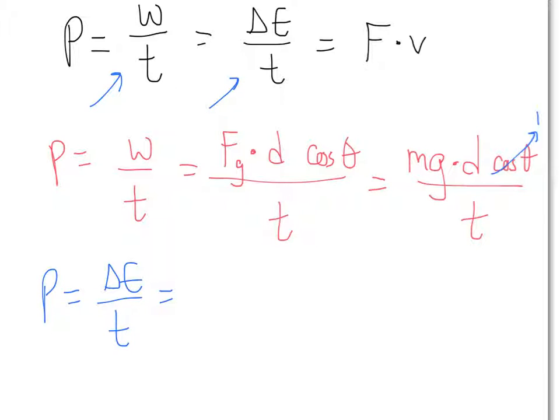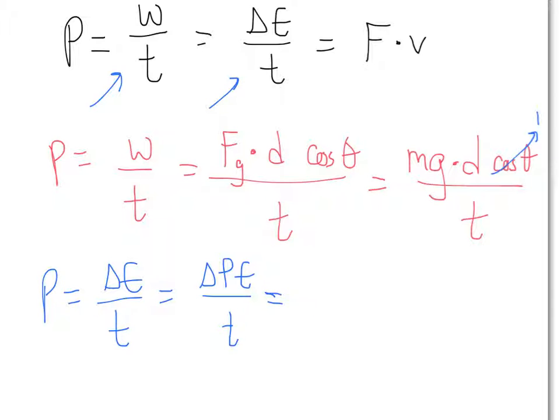What kind of energy is changing in this problem? The elevator starts here at rest. It moves. And it stops here at rest. What kind of energy is changing? Potential energy. So, although I see delta E, the energy that's really changing is potential, so I'm going to write delta PE.